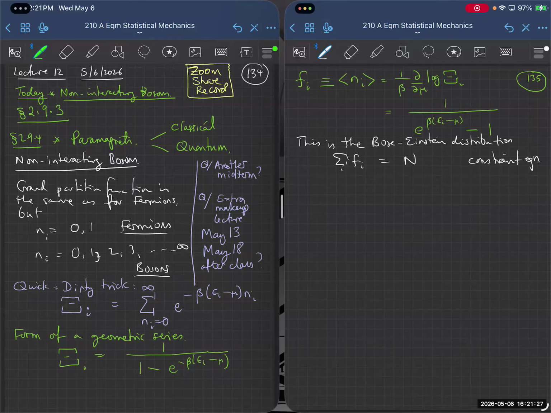However, I've glossed over one important fact. Can anybody tell me what I glossed over that is an important fact to mention? Everything I told you is true, but there's one other fact that needs to be mentioned.